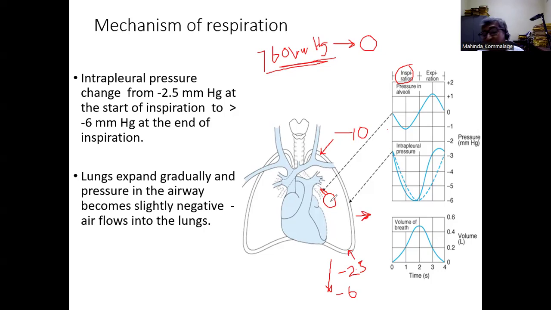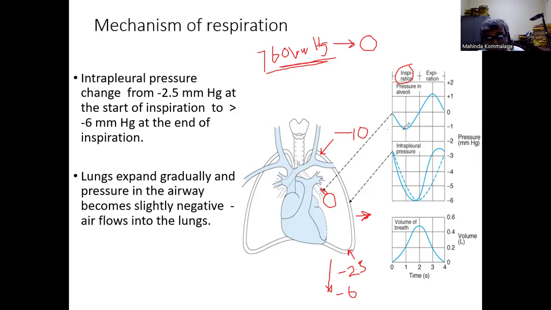When we initiate the chest wall expansion, alveolar pressure is 0, that means atmospheric pressure. Since alveolar volume also expands, alveolar pressure reduces. And in this graph, this is the alveolar pressure, the pressure in the alveoli. At the beginning it's 0, and then it starts going down during inspiration.